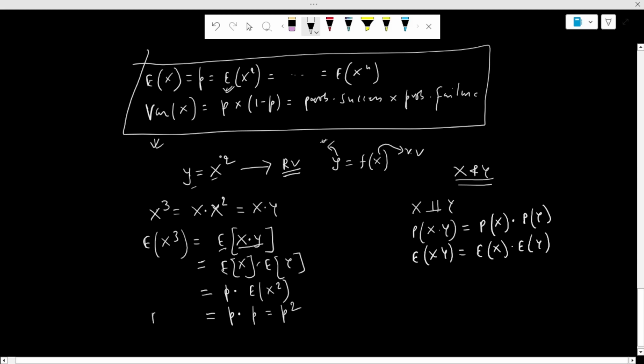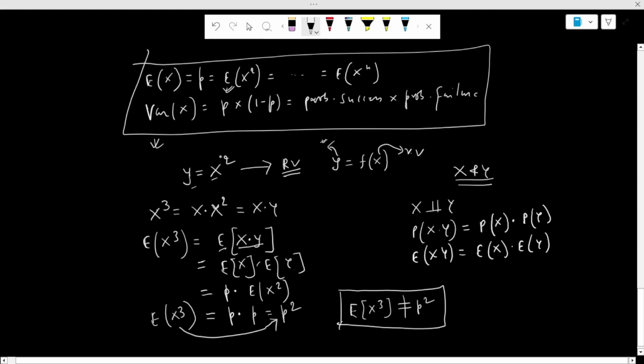So if x and y are independent, then we should get that the expectation of x cubed is equal to p squared, which is not true. The expectation of x cubed is not equal to p squared, but we have seen that the expectation of x, or of any power of x, is equal to p.